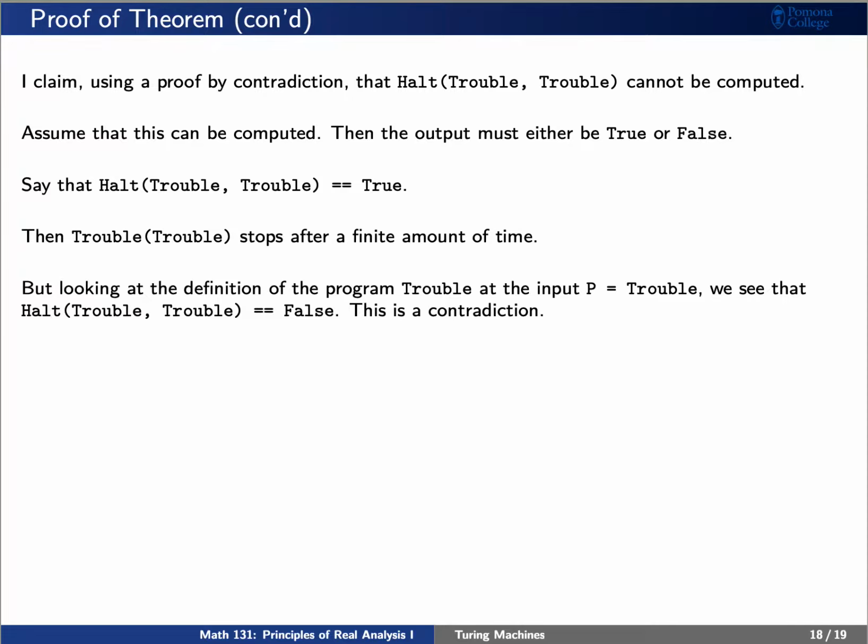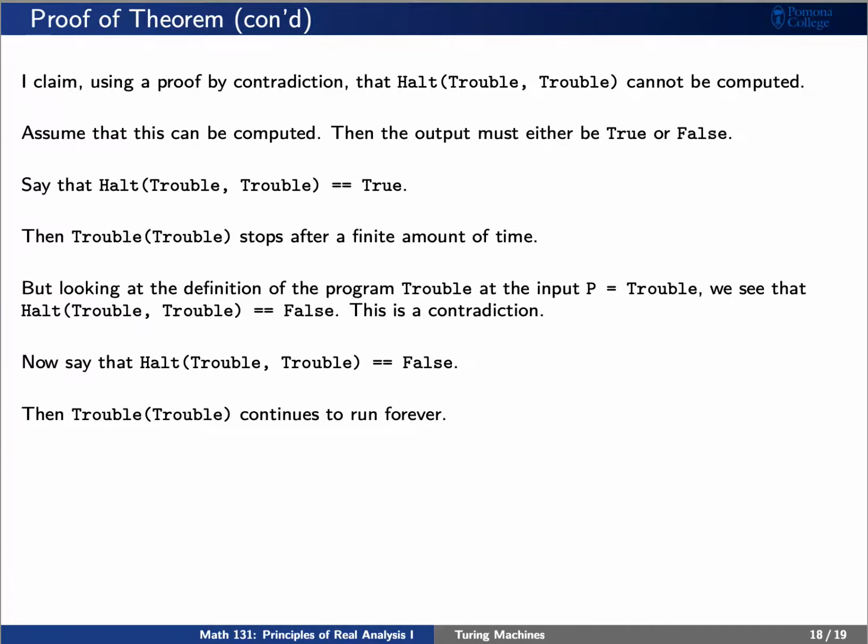But if trouble evaluated true, then it would have seen that halt trouble equals false. Again, just looking at the definition of our weird program, trouble. This, of course, is a contradiction. We can't assume halt trouble is true, but then have a program that internally would evaluate halt trouble is false.